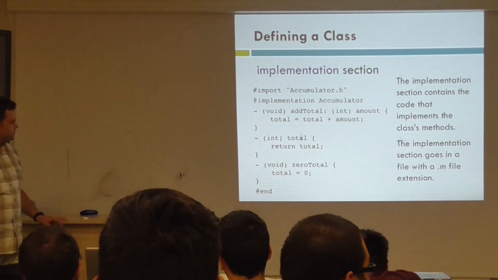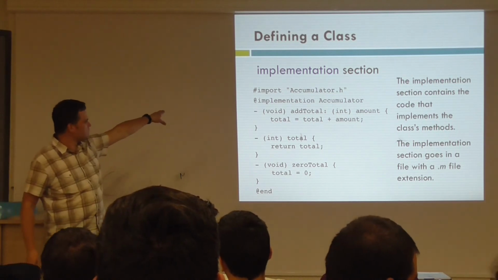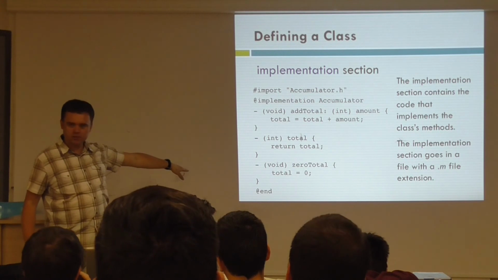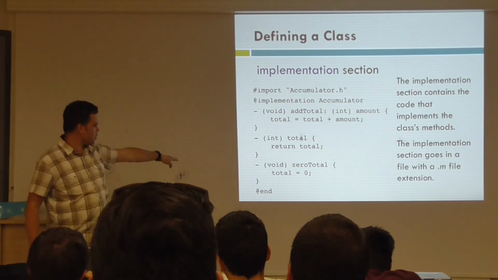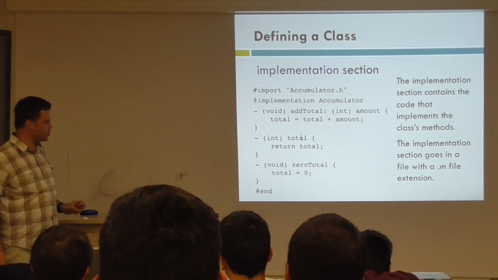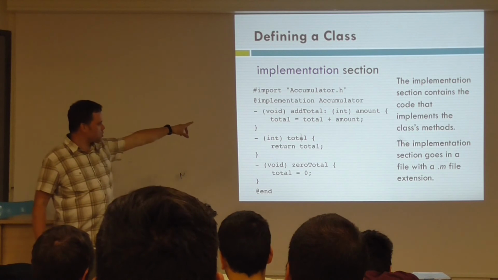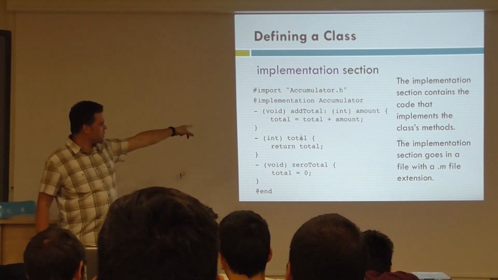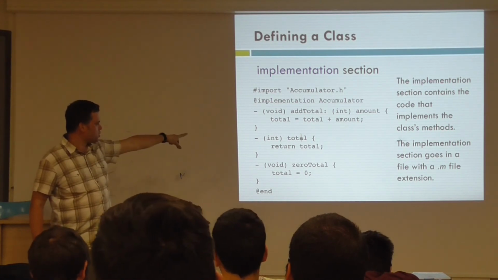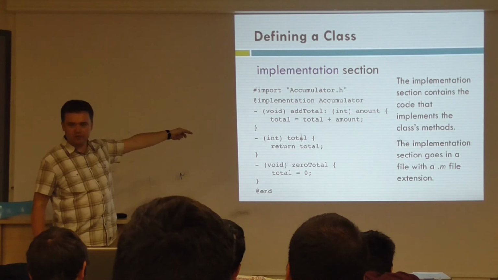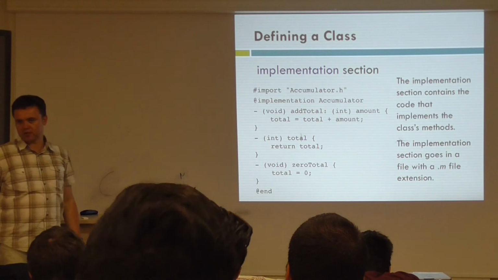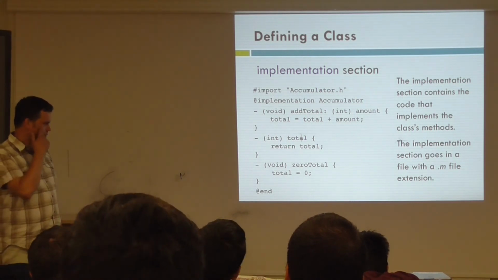So, implementation. You can see implementation also starts with implementation and ends at the end of this code. And you can see 3 methods implemented now. Add total, amount: total equals total plus amount. Okay. Then total returns total, the return value, and zero total sets 0 to total. Nothing else. Okay.